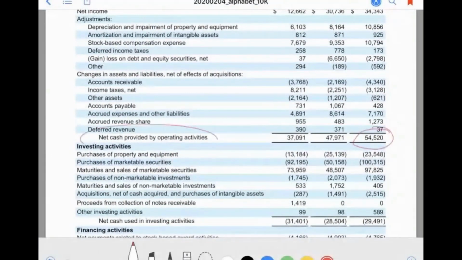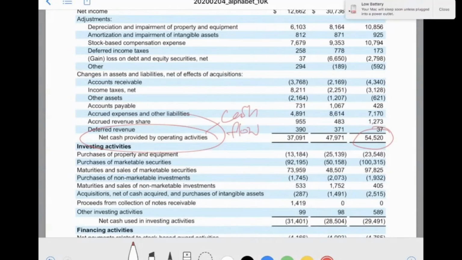It's always the same. It's a universal figure. So that's the cash flow. Every time I hear people say cash flow, it is this thing: net cash provided by operating activity.